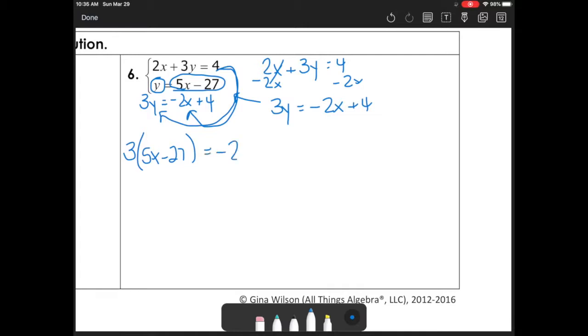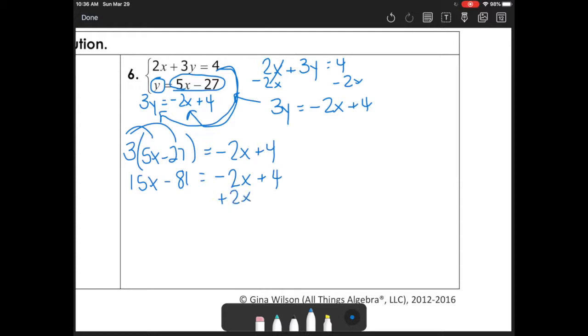Okay. Distributive property, 15x, 3 times 27. No way. I just got a ridiculous number. There we go. -81, -2x plus 4. All right. Zero pair the extra variable first. Always zero pair your extra variable first.